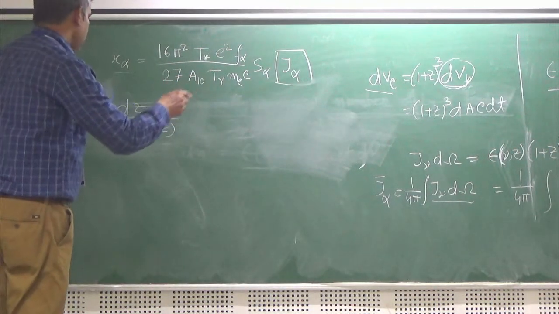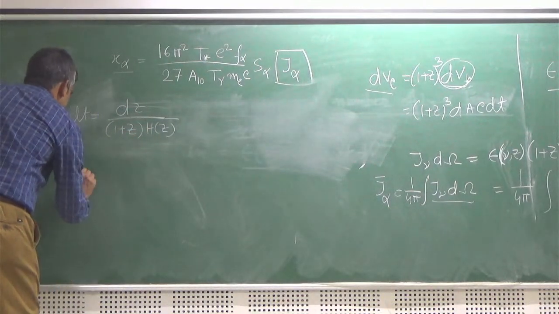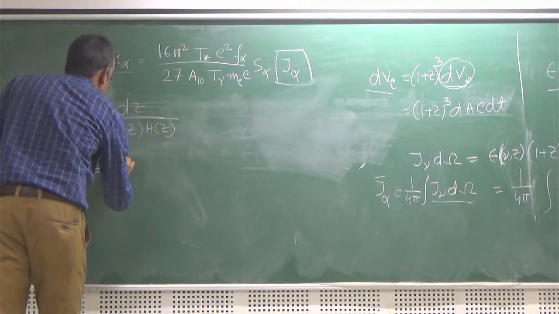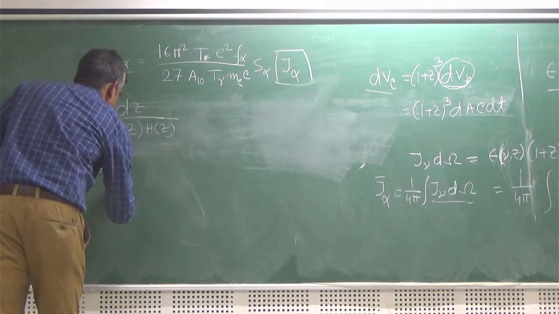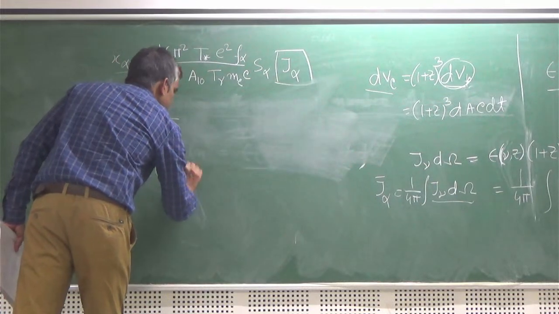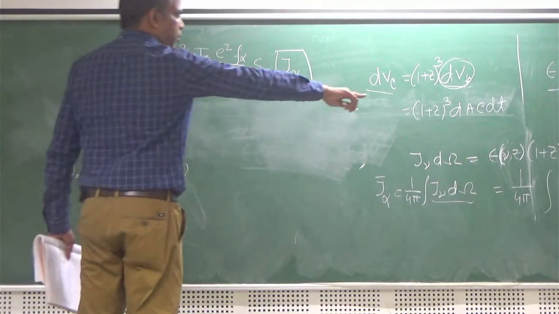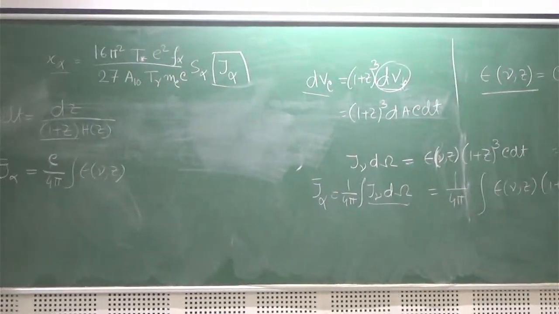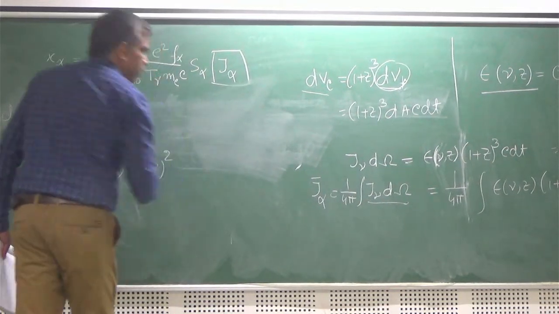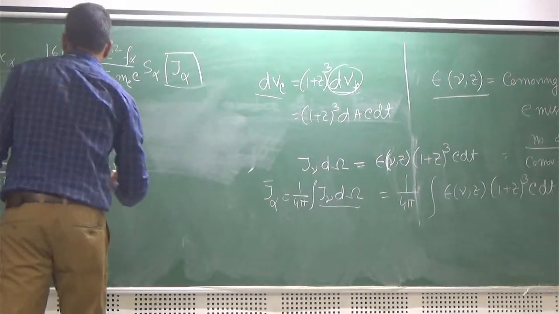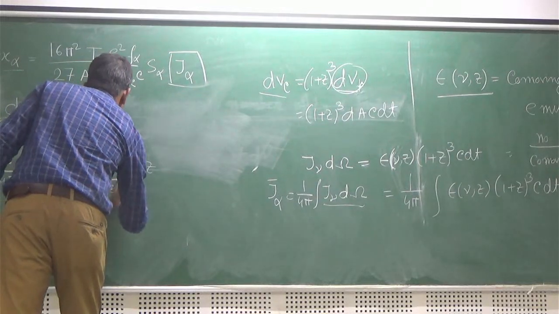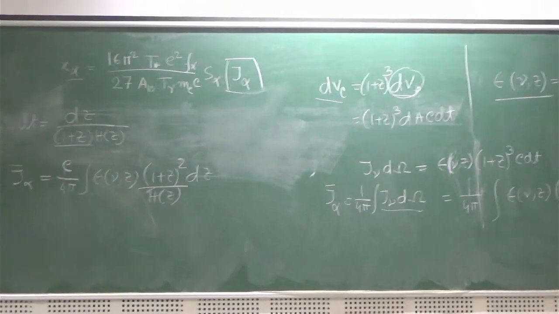Okay, so if you just put everything together, J alpha becomes 1 by 4 pi. We can take the factor c out of the integration, and then epsilon nu z, and then you have 1 plus z cube, and then you have 1 plus z from dt, so it will be 1 plus z square, and then dz, and then we also have H z coming from this conversion.